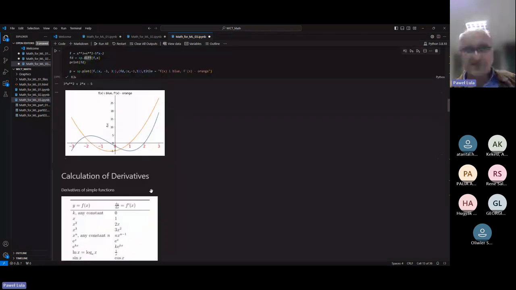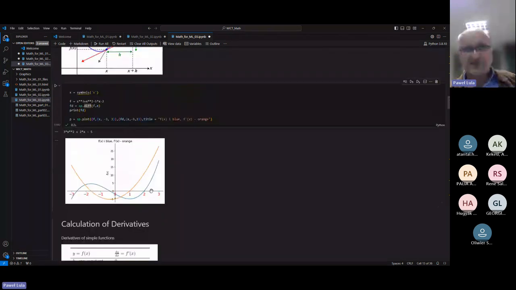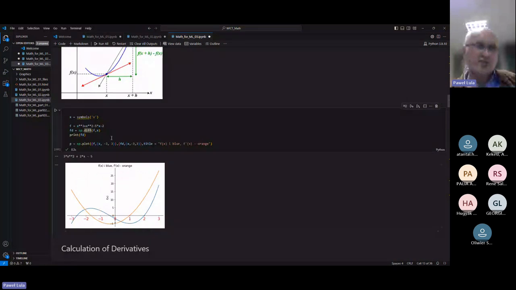Or you can use this SymPy package, and we can try to calculate it. It works for many functions, for all simple functions. It works without problems. Maybe sometimes we can have problems with very, very complex functions, but generally it works.